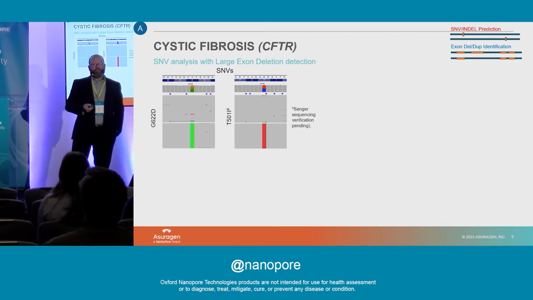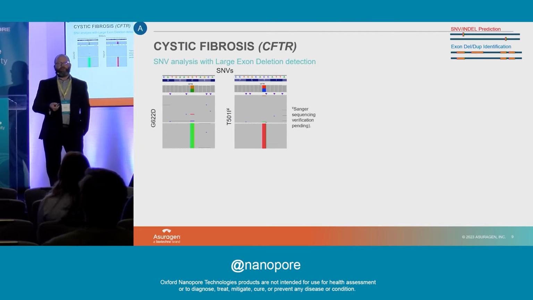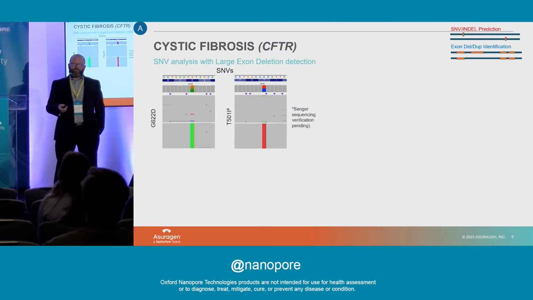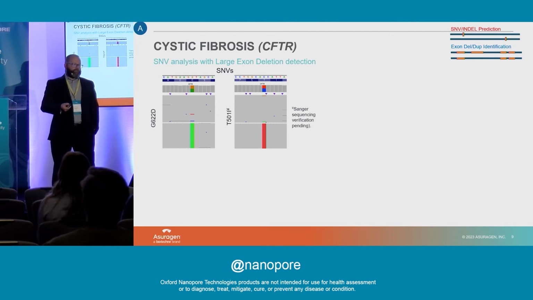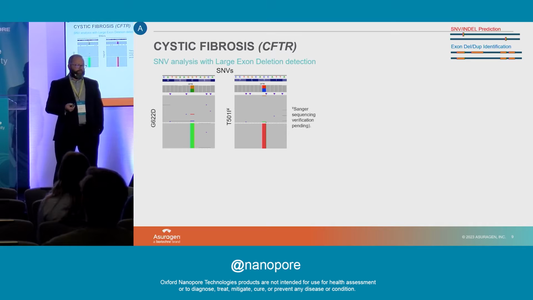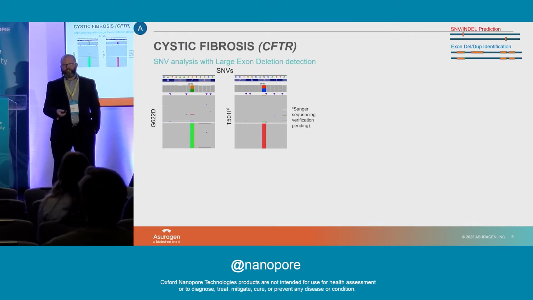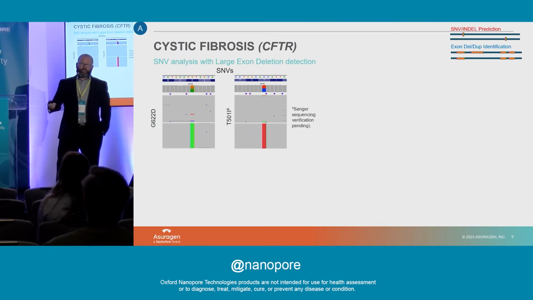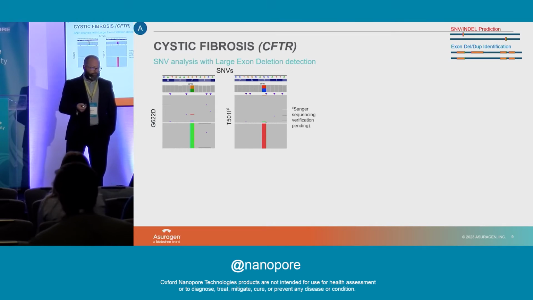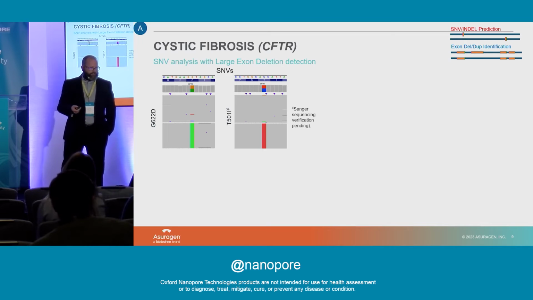G622D is a variant that's more prevalent in Southeast Asian populations. It's not as prevalent in white populations. However, G622D was also not updated in the recent CFTR guidelines, but we do find it in pan-ethnic populations somewhat frequently. So pretty easy to do SNVs.